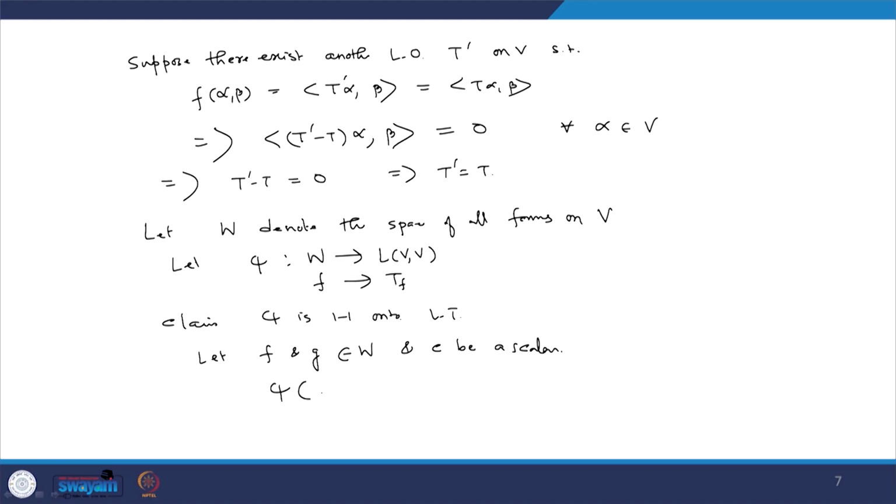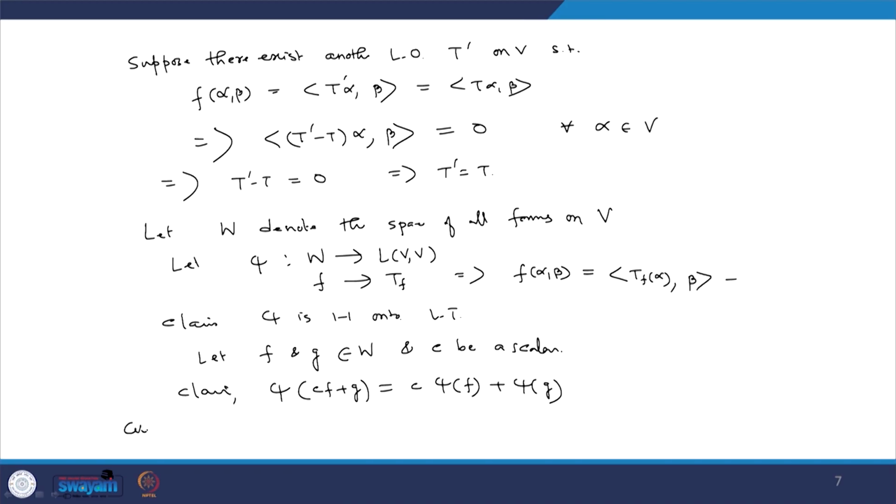So, psi of CF plus G: claim psi of CF plus G equals C times psi of F plus psi of G. Now, actually the mapping F goes to T_F implies also that for all alpha, beta belonging to V, F of alpha, beta must be equal to inner product of T_F alpha and beta.